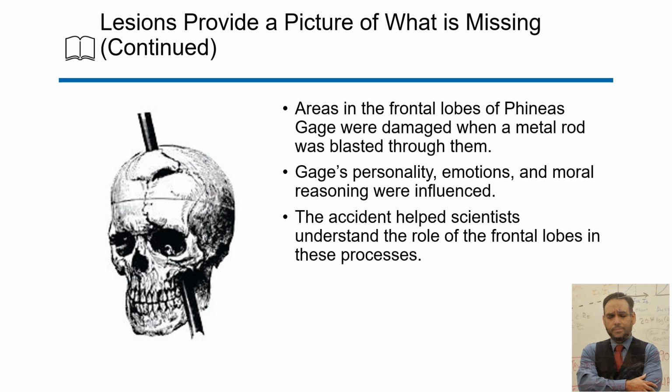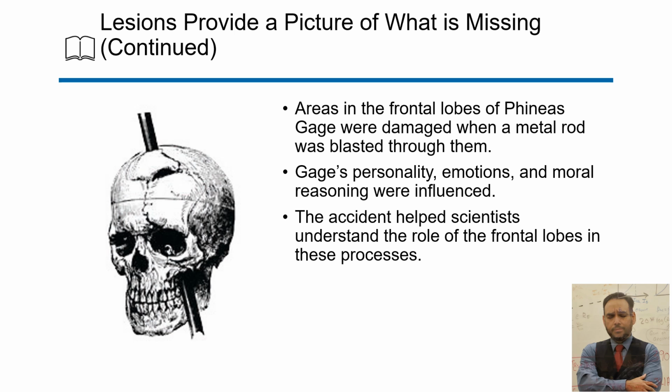Gage's accident showed that specific parts of the brain are involved with, in this case, personality and behavior. His injury was to the frontal lobe, which we know is important for decision making, but it's also important for self-control and social behavior. So the localization of function, in his case, provided evidence for the idea of localization of function within the brain.